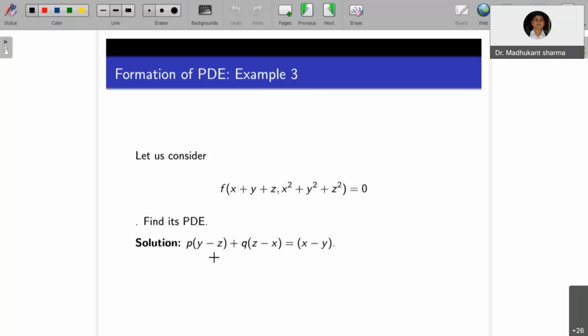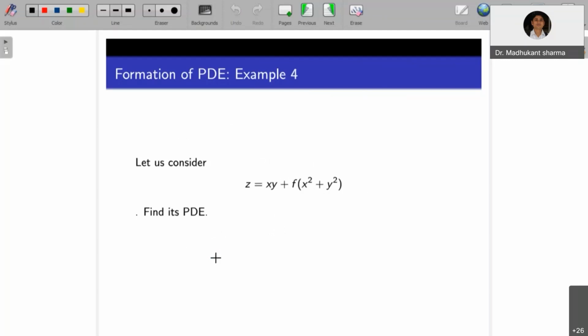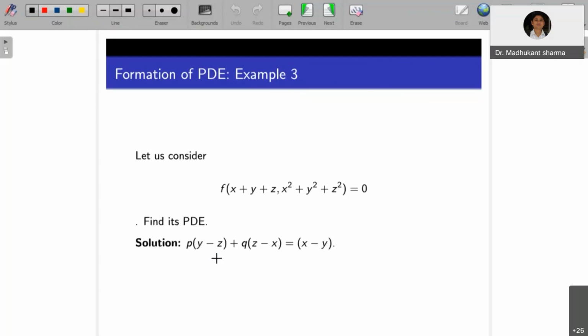This is the final answer. I will post these three problems on Google Classroom. You try to find out the final answers or match with the final solution.